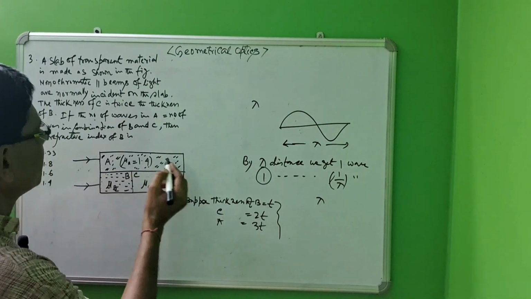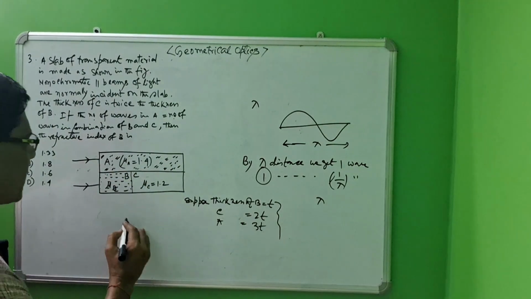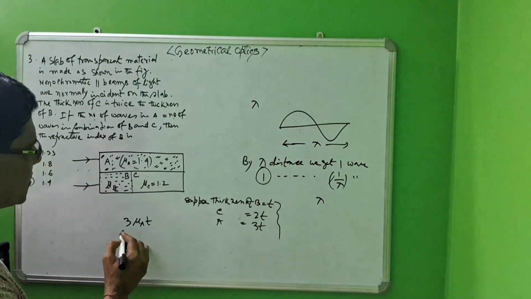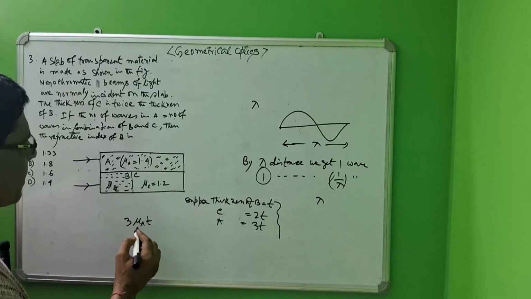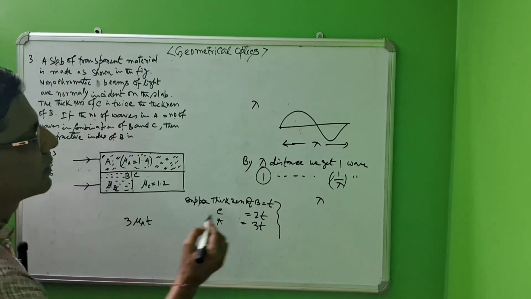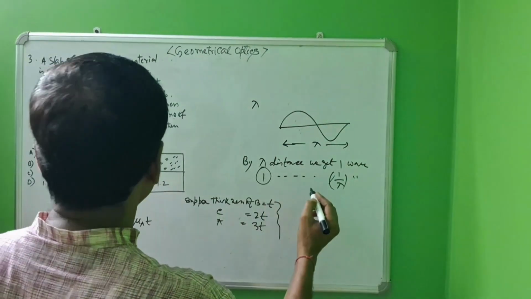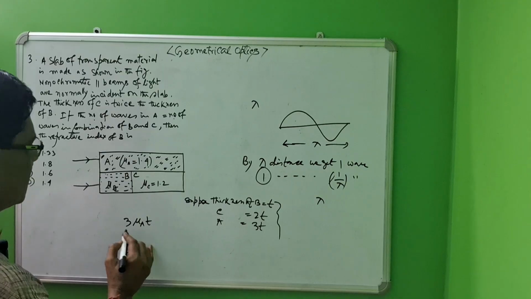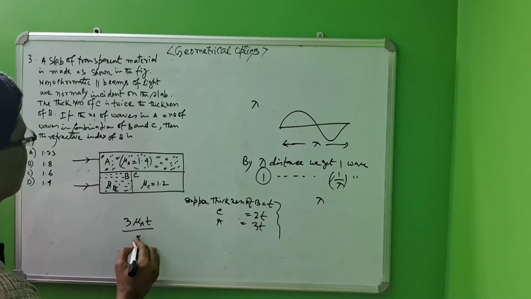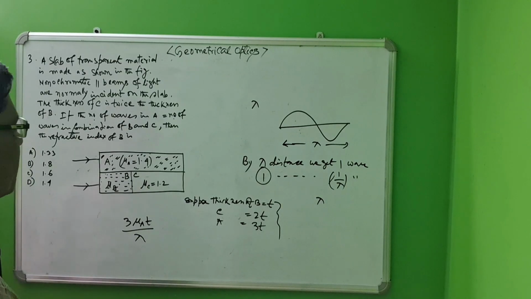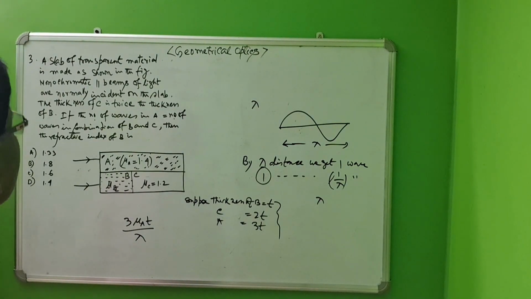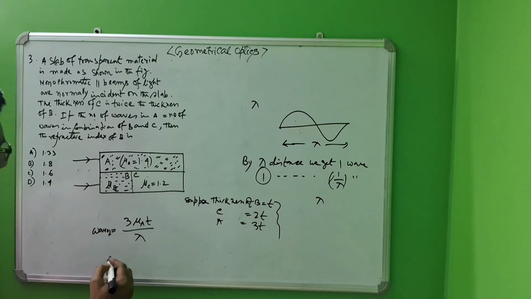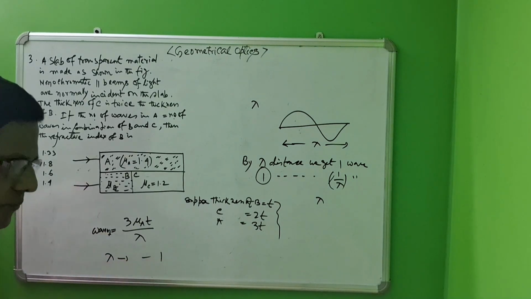The optical path for this slab equals thrice mu A T. When this is divided by lambda, we get the wave number for this path, because by lambda distance we get one wave.